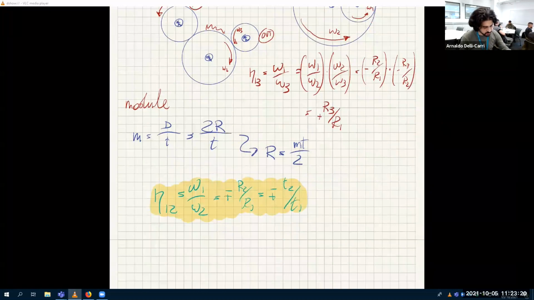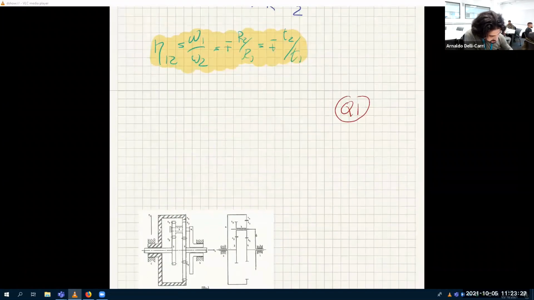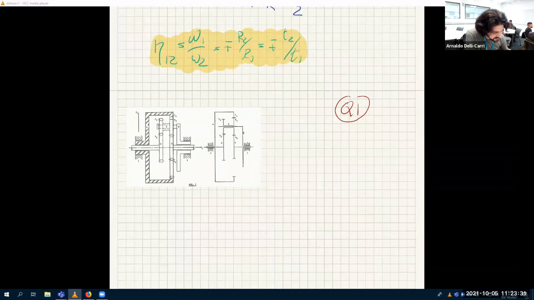Now let's solve question 1, which is an epicyclic gear train. Now, what is the difference between an epicyclic gear train and a compound gear train? Epicyclic gear trains have not all axes of the gears fixed.